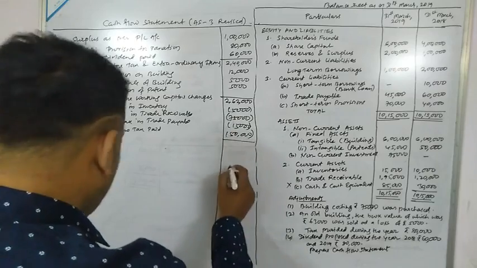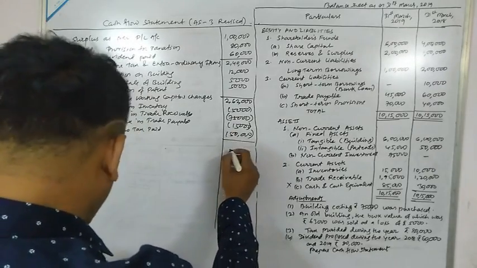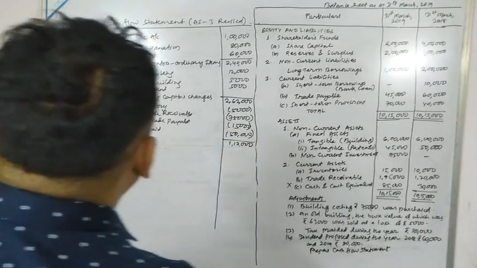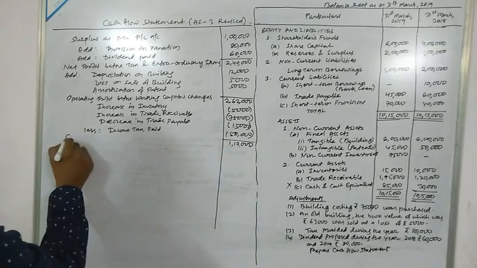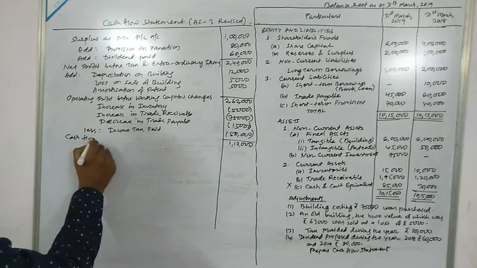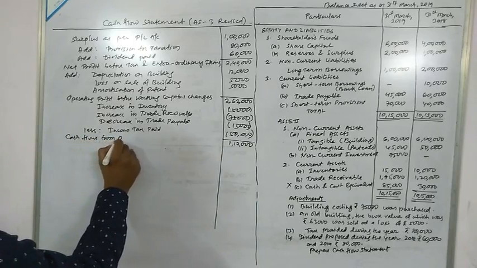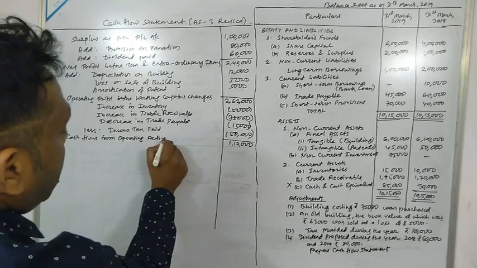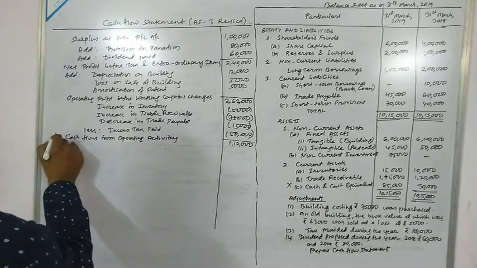The difference figure would be 1,17,000. So this would be considered as cash flow from operating activities. This answer we write as cash flow from operating activities.